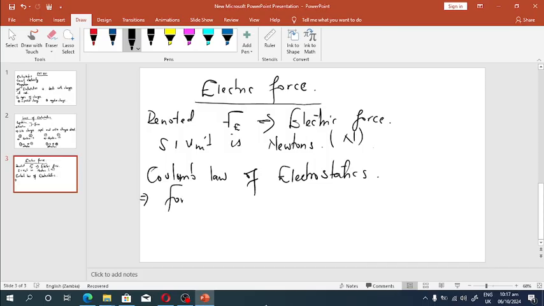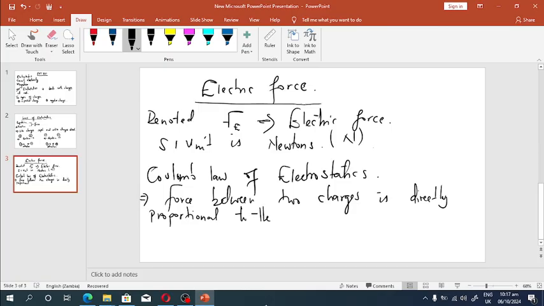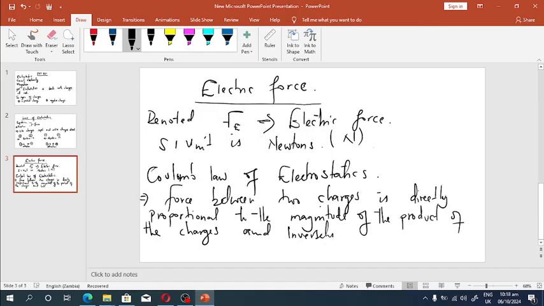So we are saying that this force between two charges is directly proportional to the magnitude of the product of the charges and inversely proportional to the square distance.